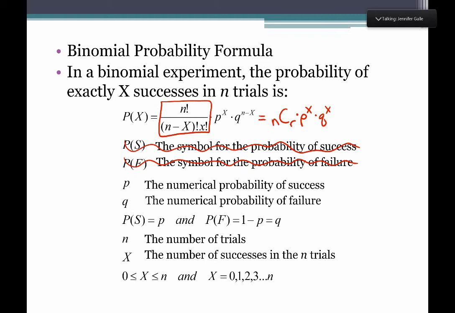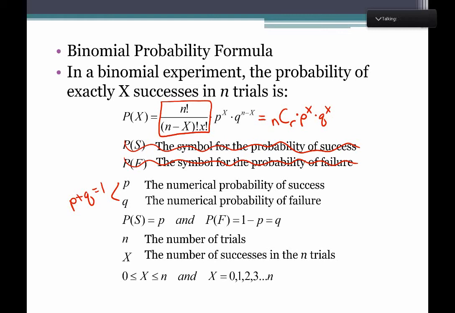We roll doubles on the dice or we don't. So if I add p and q together, I get 1, because it's either a success or a failure. There's nothing else in between.